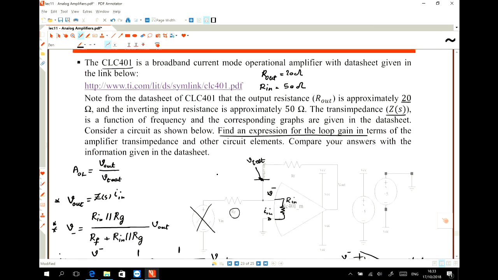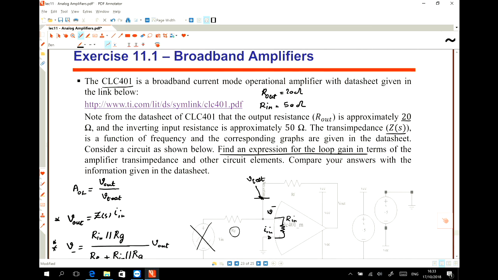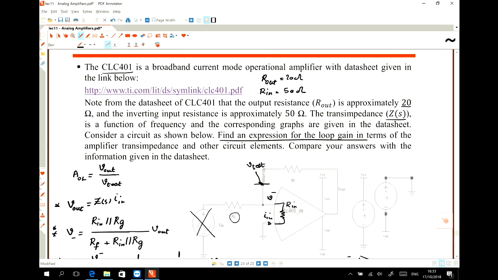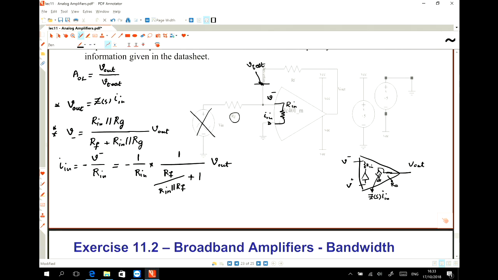If you look at the values here, for example, R in is 50 ohm. So 50 ohm, for example, in parallel with, sorry, this is RG. R in parallel with RG. So I just divide the top and bottom with R in parallel with RG. So if you look at this, any value for the RG higher than 50 ohm, then the R in is dominated.